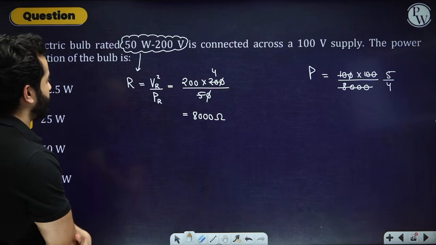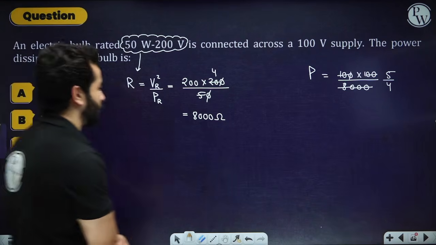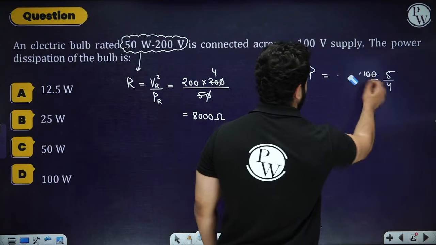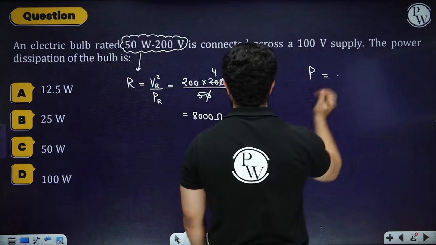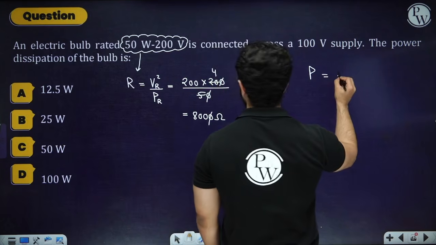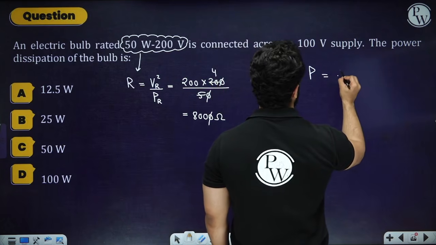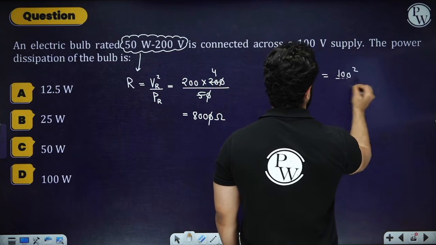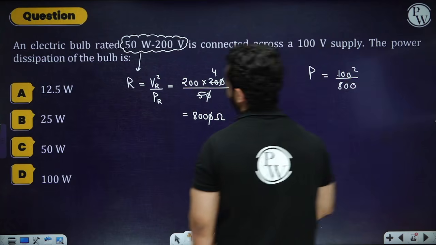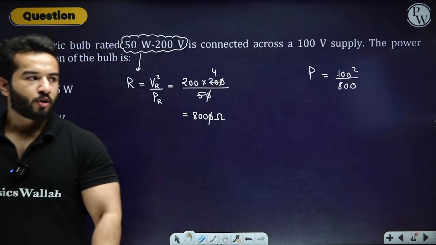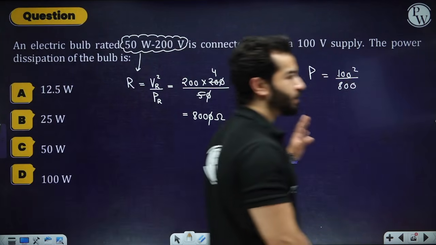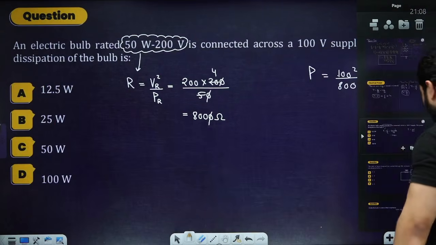Can we please check? This was actually 800, not 8000. So that would be 12.5 something. This is actually 800, right? So this is going to be the square of 100 divided by 800. All right, so you can actually expect some questions like this in NEET as well.